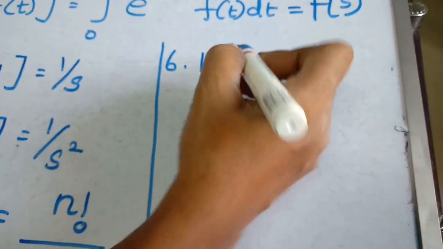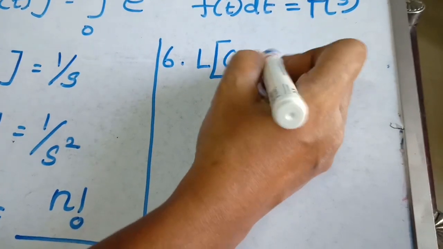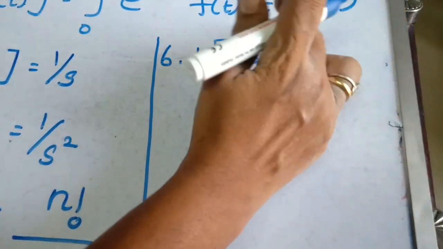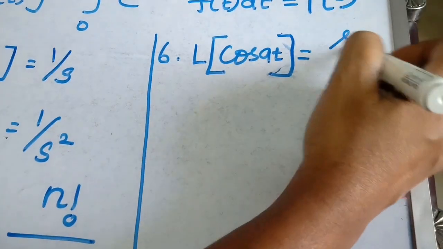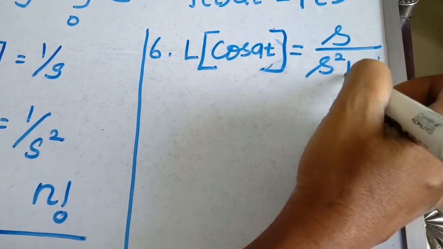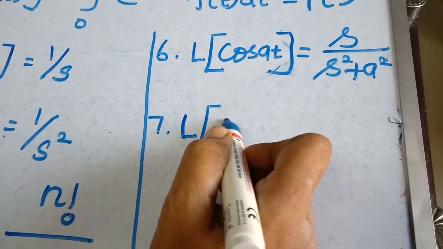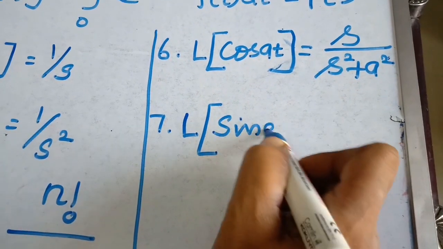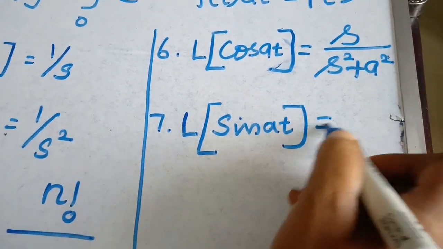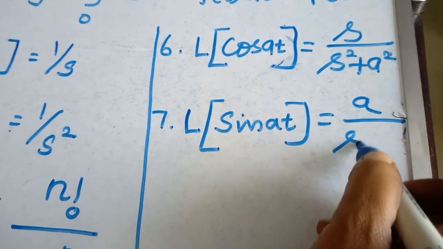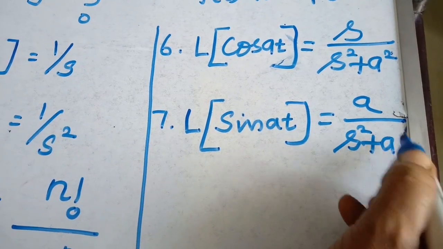Laplace transformation of cos at is s by s square plus a square. Laplace transformation of sin at is a by s square plus a square.